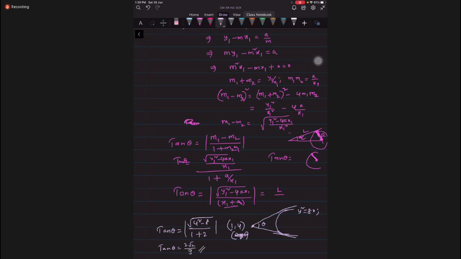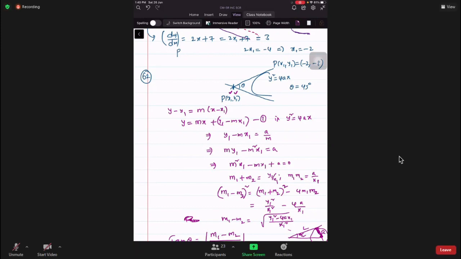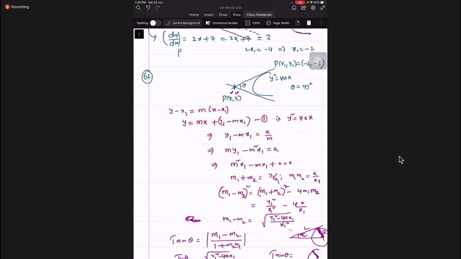So this is one more angle between a pair of tangents. I thought you could apply the geometrical conditions of the circle, but okay, it's the parabola. There we have drawn tangents to the parabola. I've taken a point, I don't know the slope. That's why I applied the concept: if it is tangent to the parabola, what is the condition? a by m.